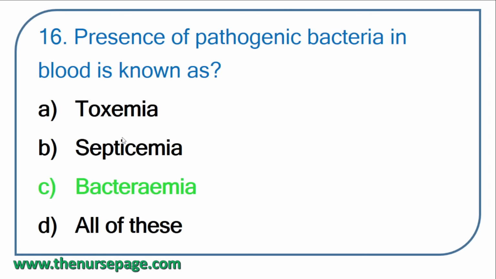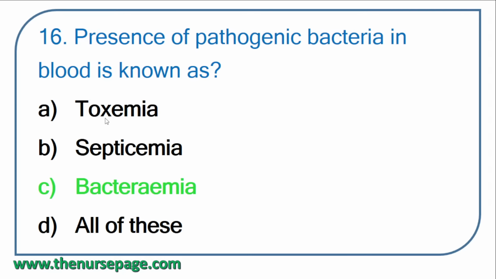If only the presence in the blood, that is bacteremia, but the presence of pathogenic bacteria that causes infection is septicemia. Toxemia is a general term. The bacterial toxins present in blood, then it is known as toxemia.